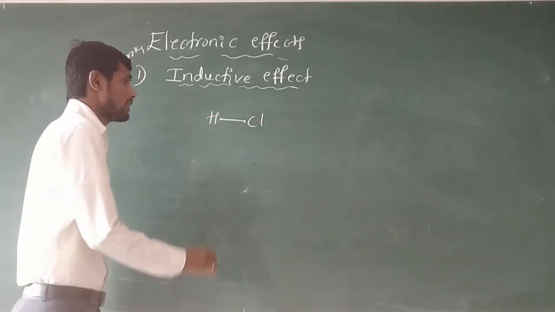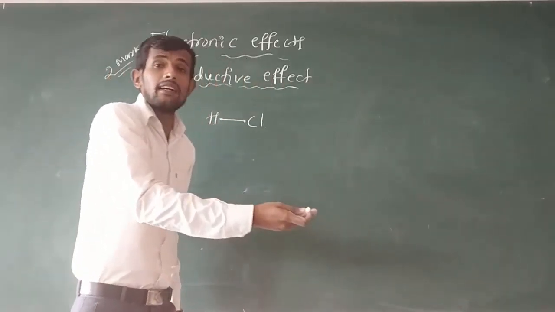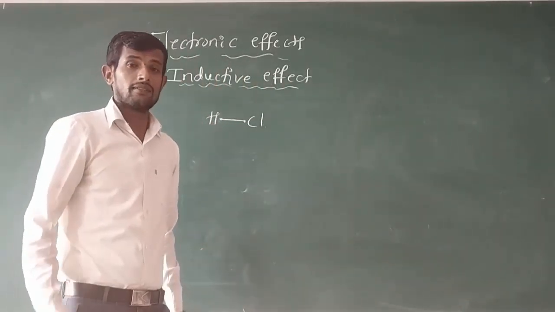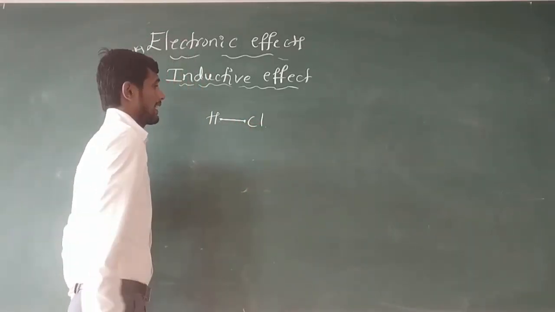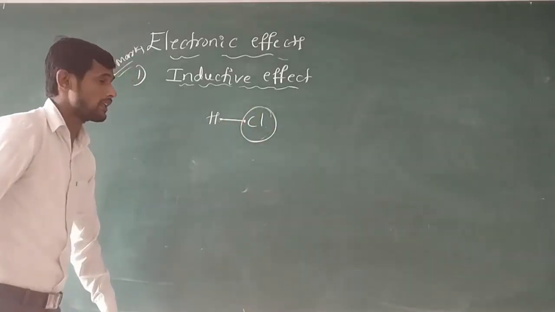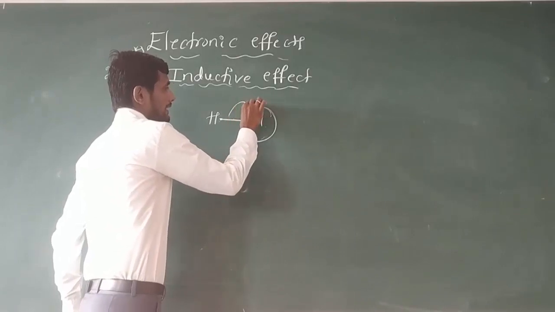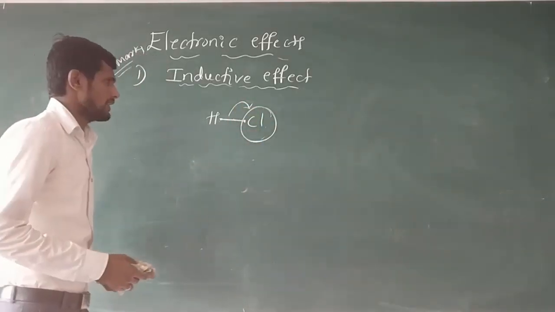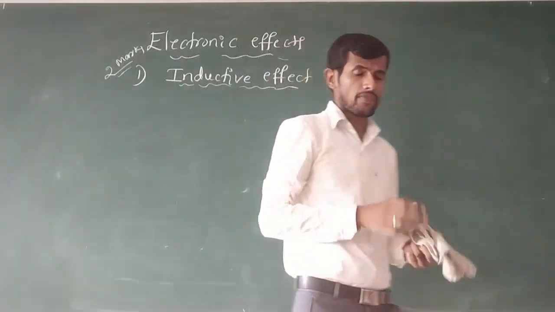At that time, between these two, whichever is more electronegative, that atom acquires or accepts the electrons. Here chlorine is the more electronegative atom, therefore it takes the electrons. Okay students, you remember this concept.